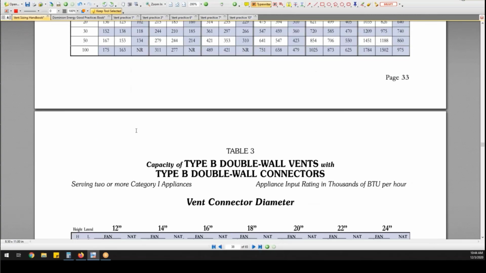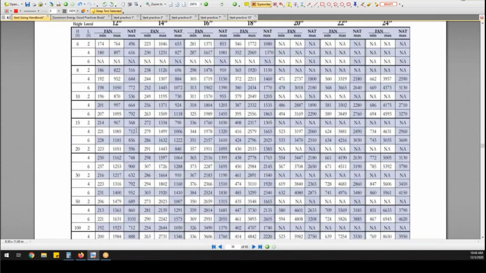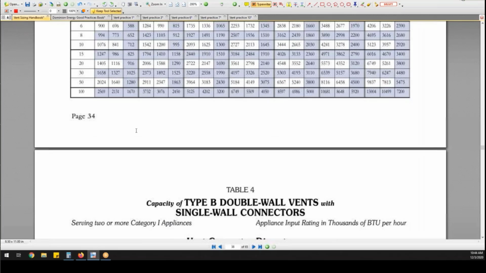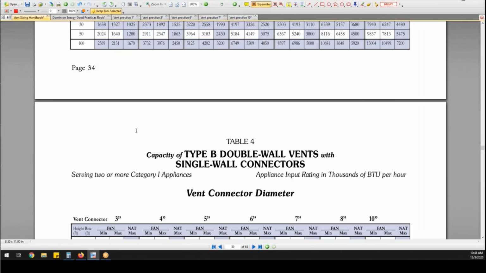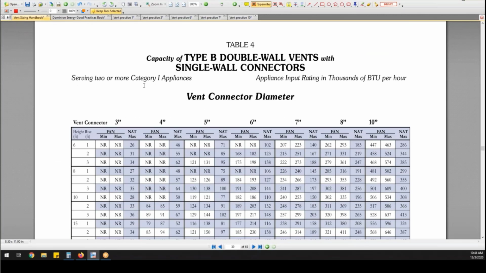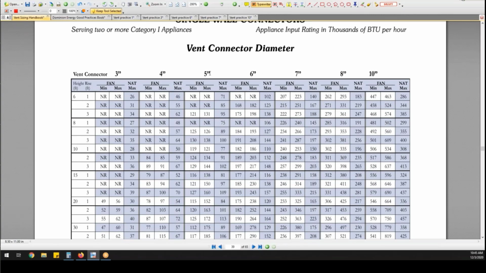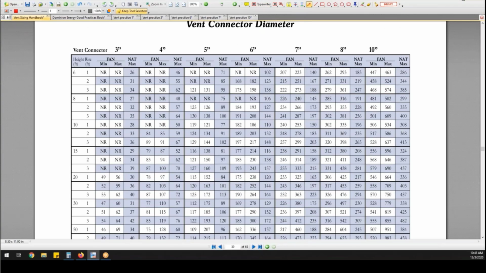So I've got to go down and find the table for single wall connector. Okay, here we go. 2 or more category 1 appliances, and I want to try to use single wall connectors for the water heater. Just do 1 appliance at a time.